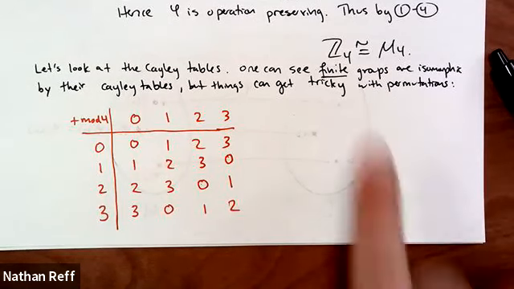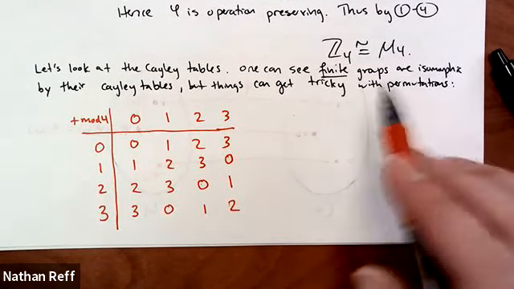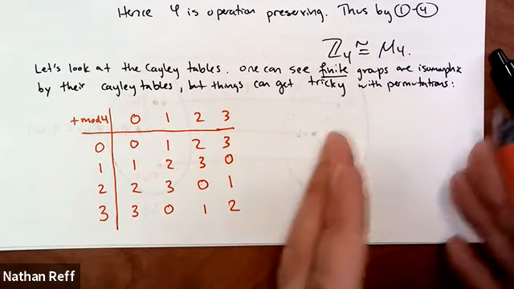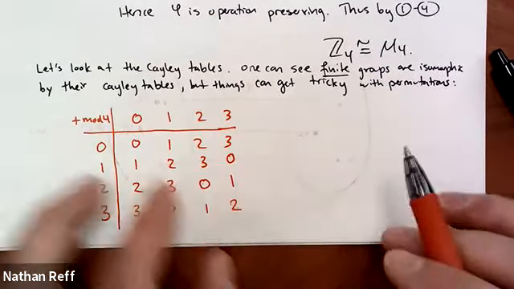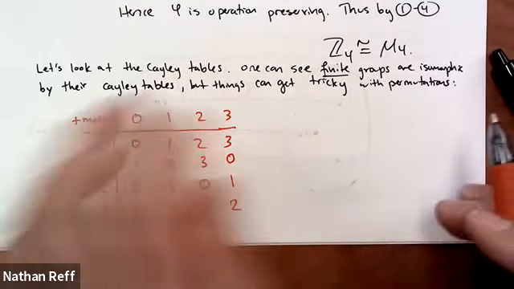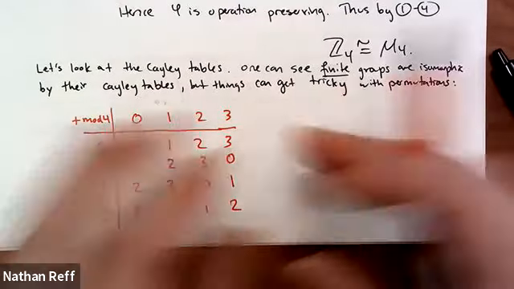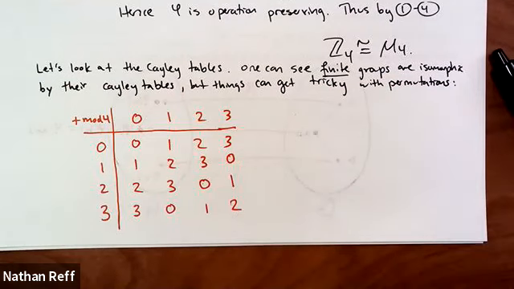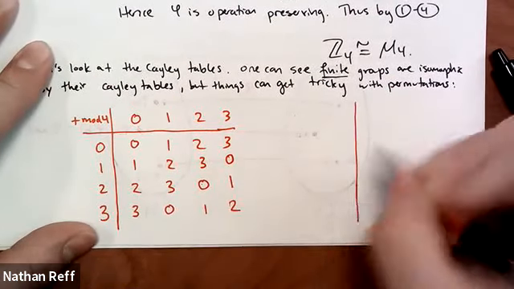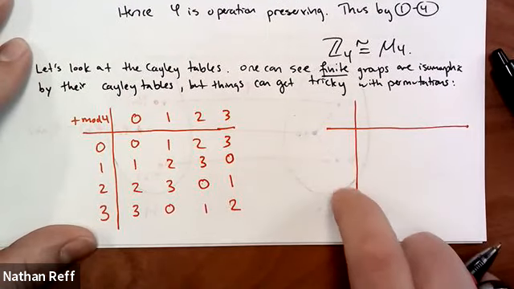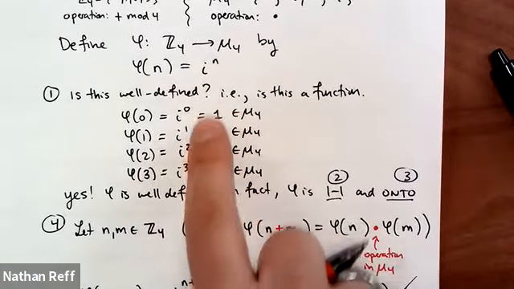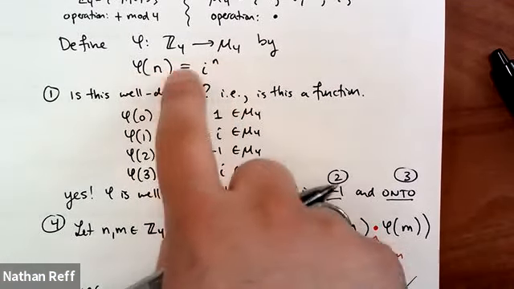Okay, now what do I mean by, things can get tricky with permutations? If I just draw the Cayley table for mu4 over here haphazardly, I'm not going to actually see exactly how things get translated. So what you're going to do is draw the Cayley table over here, but choose the ordering specifically based on what phi is doing.